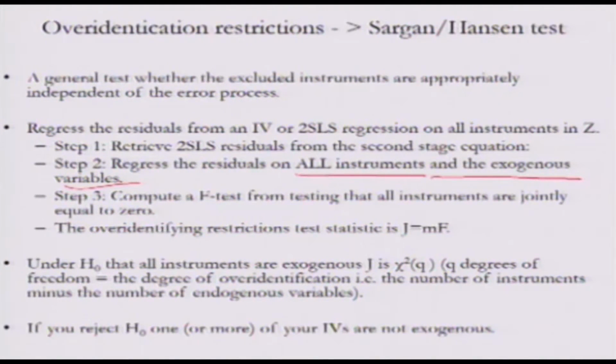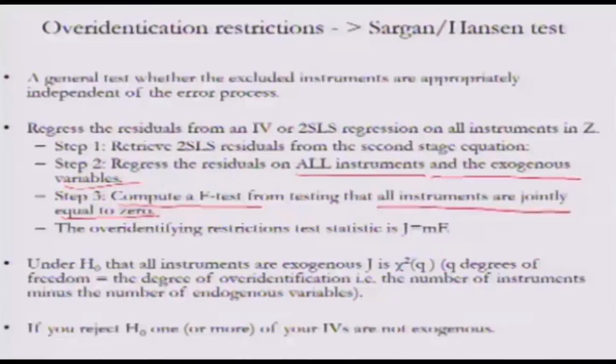And then in step 3 we compute a joint F test for testing whether all these instruments are jointly equal to 0 or not. That is, all of them jointly must be uncorrelated with the structural error term which you just predicted in step 2.